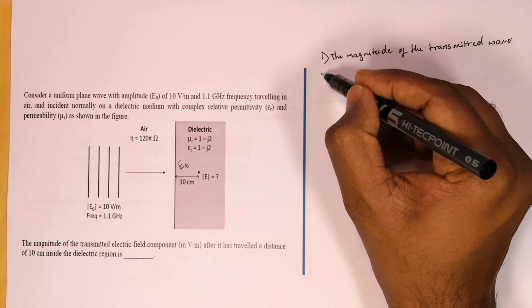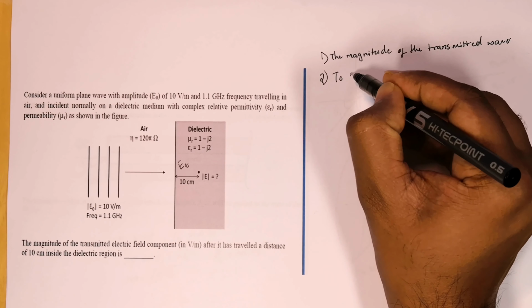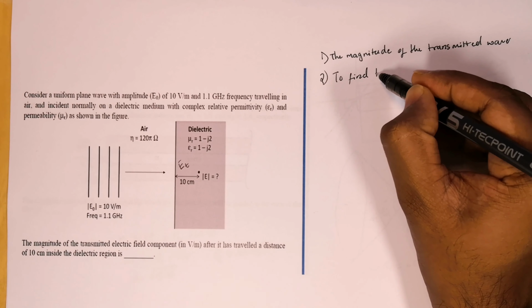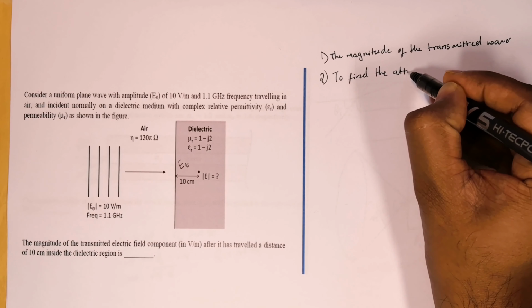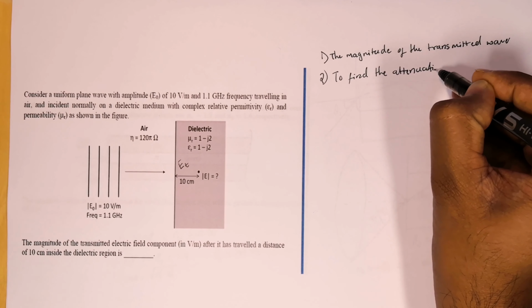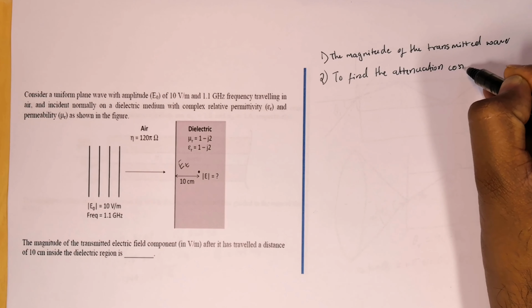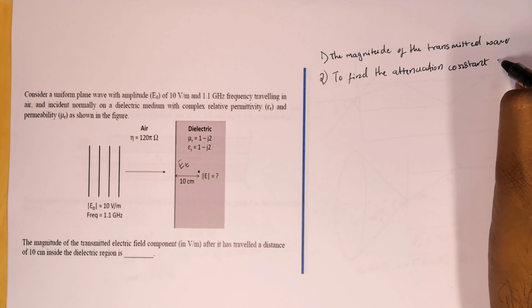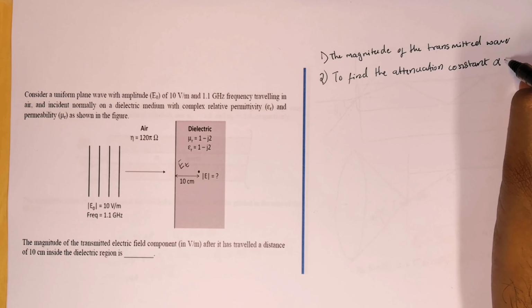So the second part would be to find the attenuation constant, which is usually denoted as alpha.